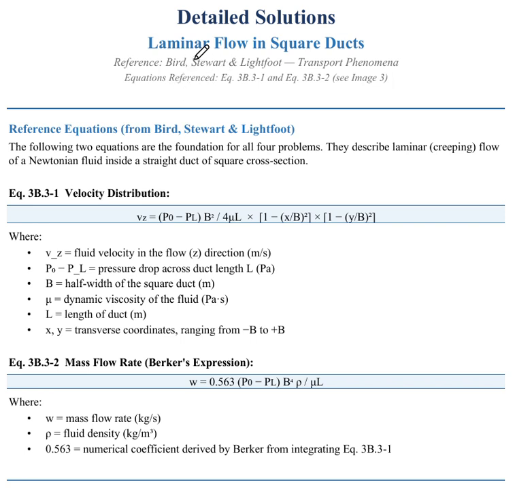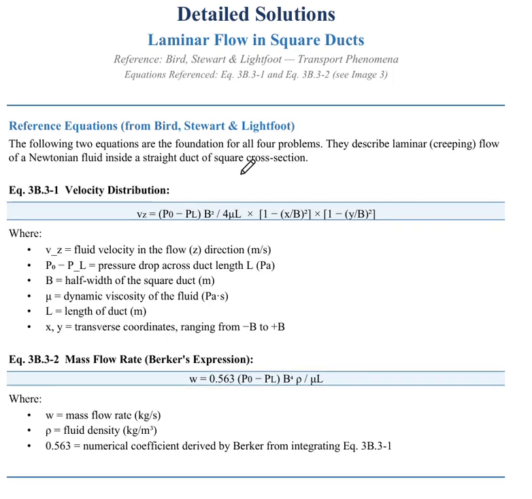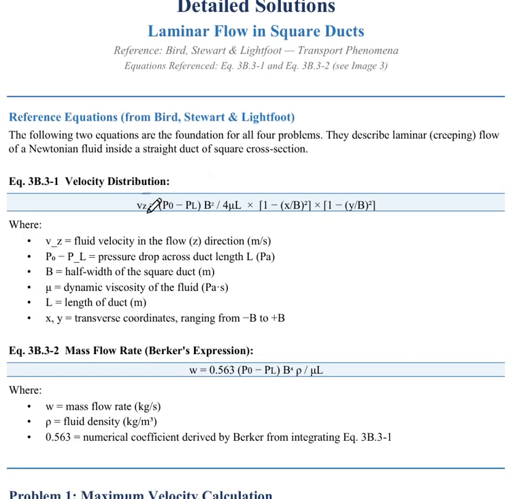This section establishes the mathematical foundation for all subsequent problems. It introduces two key governing equations for a Newtonian fluid in a square duct of half width B, as you can see here. Equation 3B.3.1, which is given in the book BSL, is a velocity distribution.